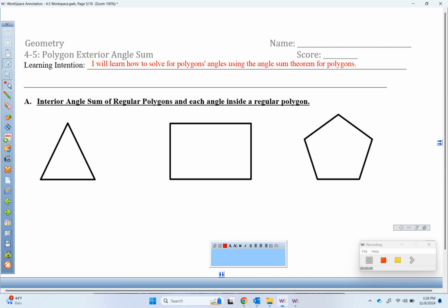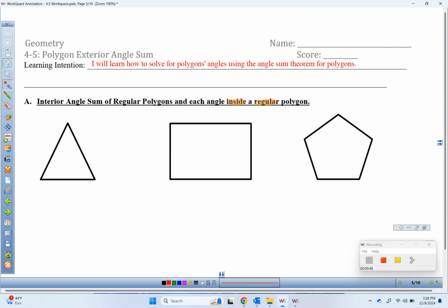So first, A is just going to be a quick review over interior angles, and it says interior angle sum of regular polygons and each angle inside a regular polygon. So keywords, inside and regular.